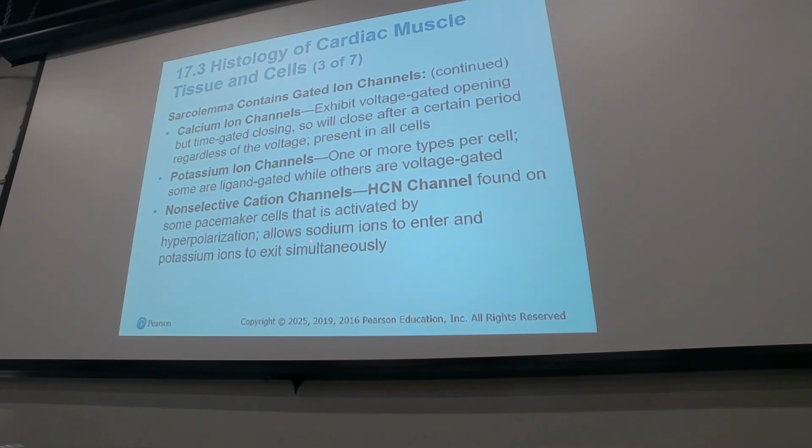And that helps these channels let sodium ions enter and potassium ions exit. Why are they called non-selective? Because in this case, both sodium and potassium can come in and out.